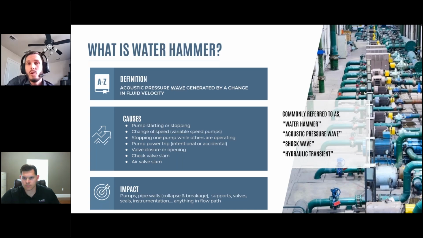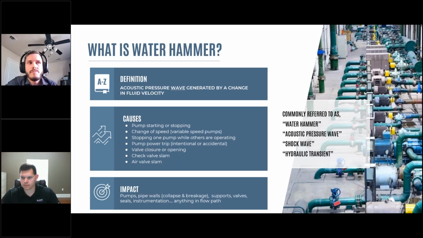Valve closure or opening, even slight closures or opens can be enough to impact your system negatively. Check valve slams, air valve slams, those can be caused by other causes due to water hammer and then cause secondary water hammers themselves.